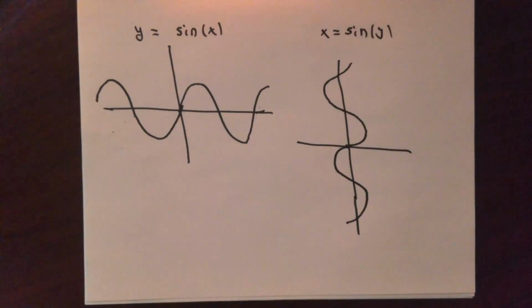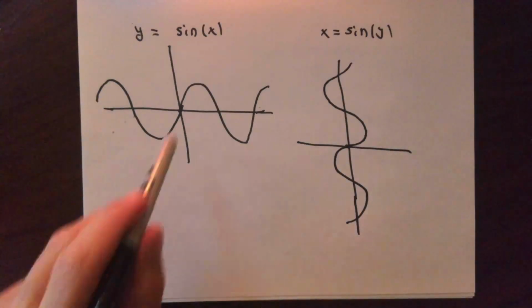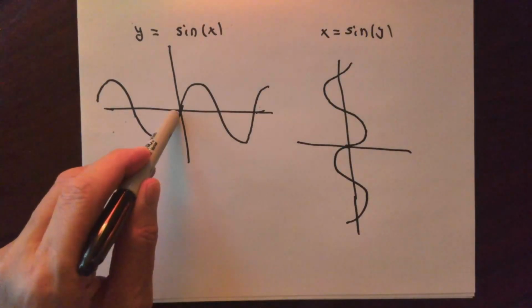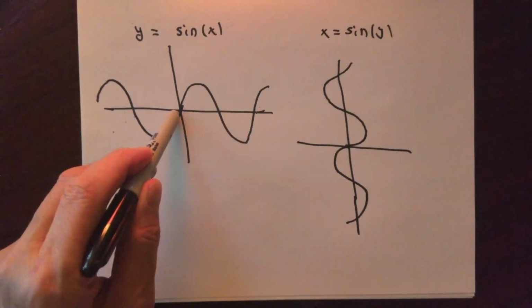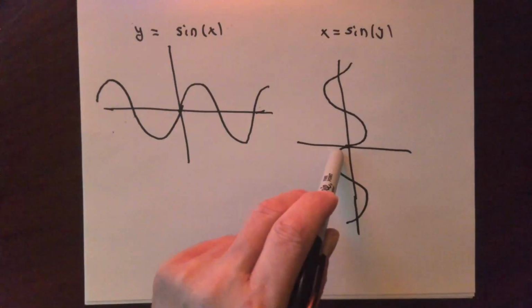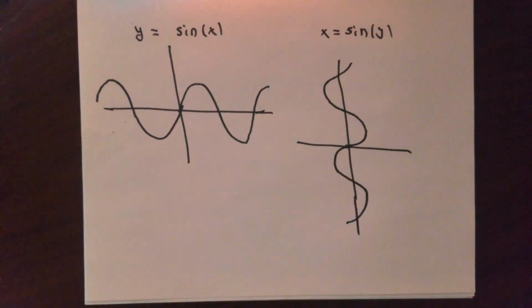What people will do is they'll say, I need a piece of this graph upon which I get all possible values of sine x, but moreover, I only want to get each value once. In that way, this graph would then pass the horizontal line test, which would make this one pass the vertical line test.